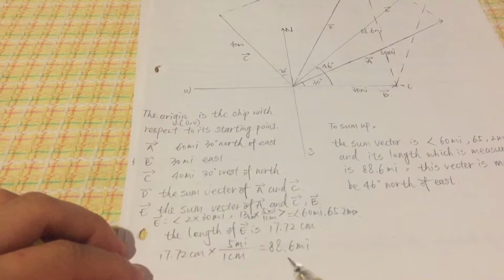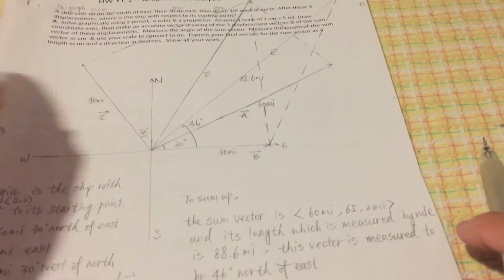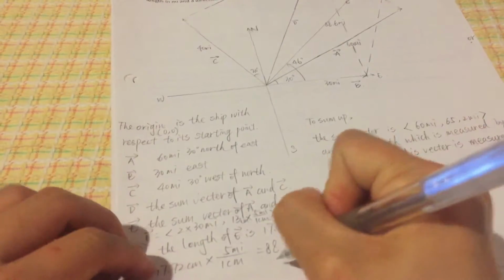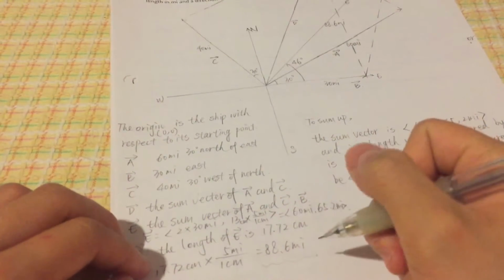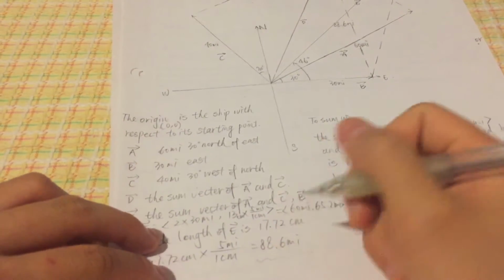The actual length is 88.6 miles. So it will be the magnitude which I measured from the graph.